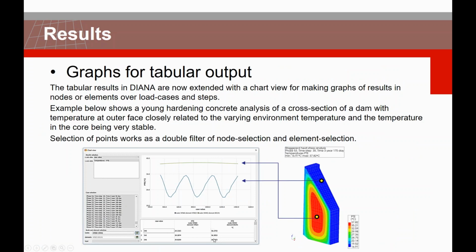Also, we have a built-in graph for tabular output, so you can select the entity that you want to load for the point or for the elements. You can get a tabular output, and based on the corresponding axis that you have, you can in one integrated platform get your diagram as your graph for your selection of tabular outputs.